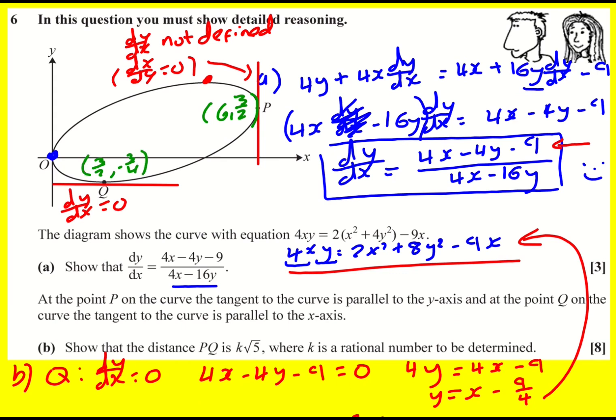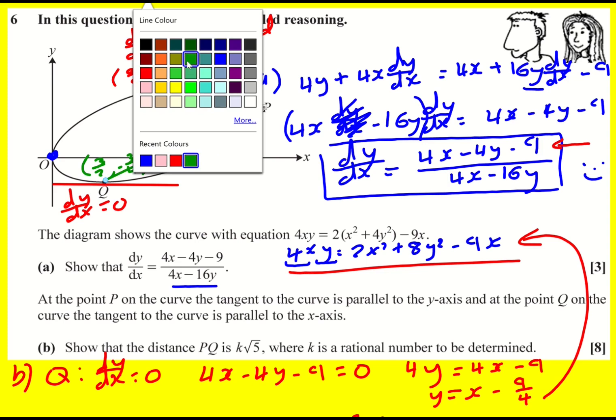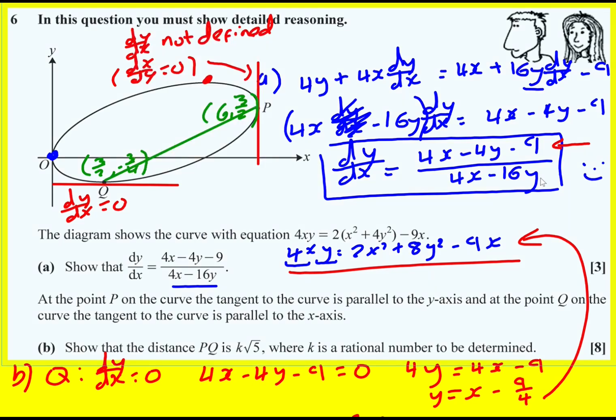We're asked to show the distance PQ is k root 5. So questions don't normally require you to do both of the calculations we had to do. It is here. And in addition, we've been asked to work out this distance. But it's not too bad because, I mean, you could draw a triangle, but we can just use y2 minus y1.